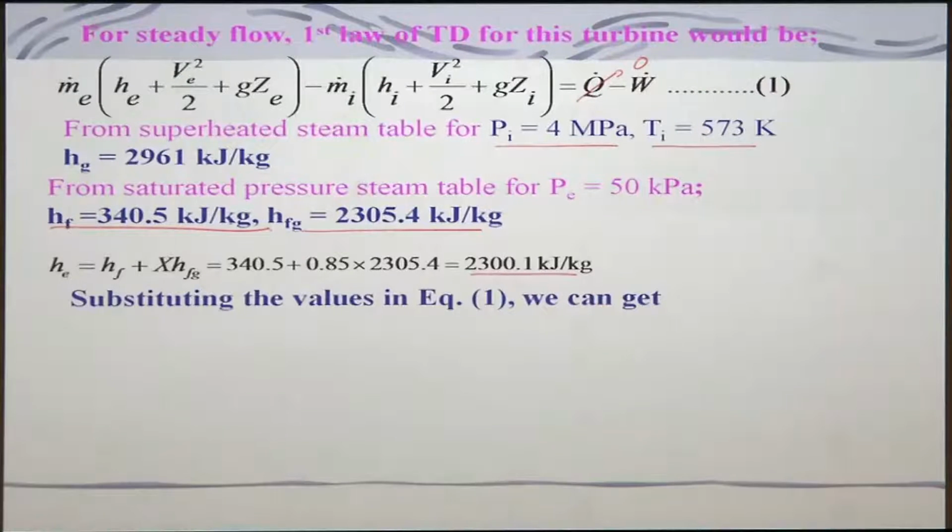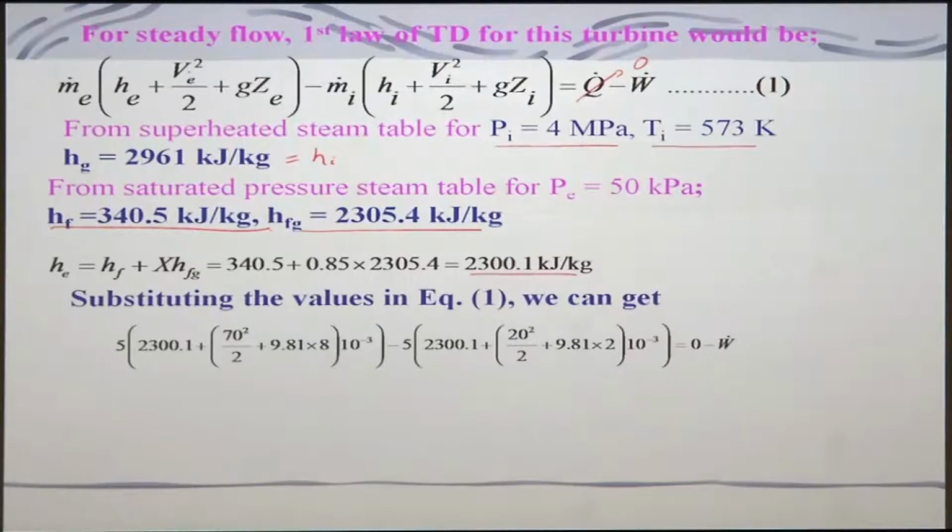Then we substitute this h_e and h_i into the equation. The velocity V exit is 70 meter per second, and Z exit is 8 meter, and V_i is given as 20 meter per second and Z_i is 2 meter.